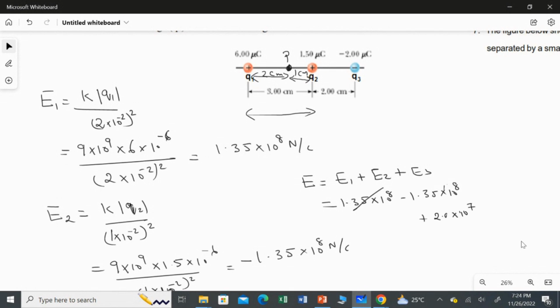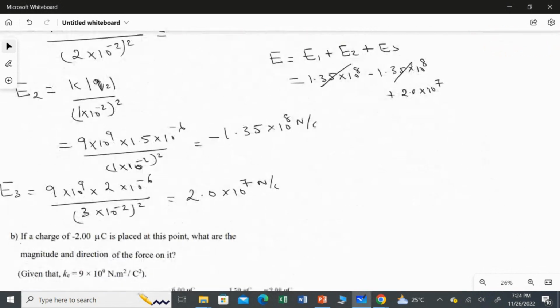You can see we can cancel these two. So the net electrical field at this point P, the answer for the first question, is just 2 multiplied by 10 power 7 Newton per Coulomb. Clear? Understand? Okay.